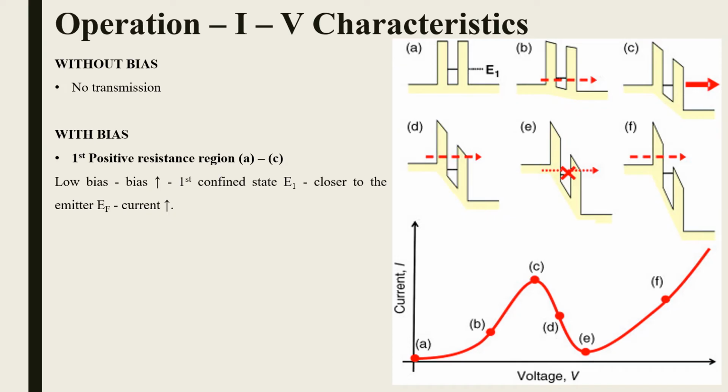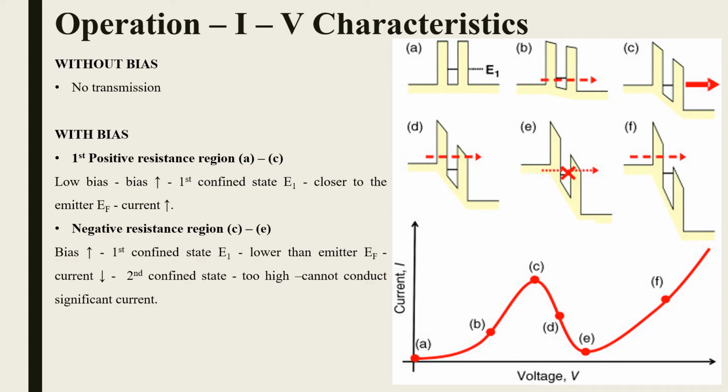For low bias, as the bias increases, the first confined state between the potential barriers gets closer to the emitter Fermi level. Therefore, the current it carries increases.